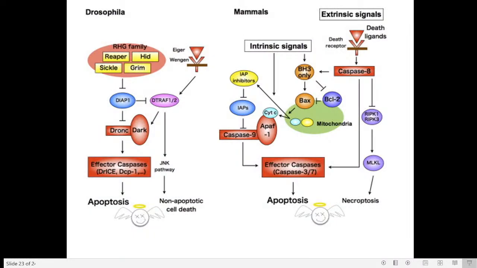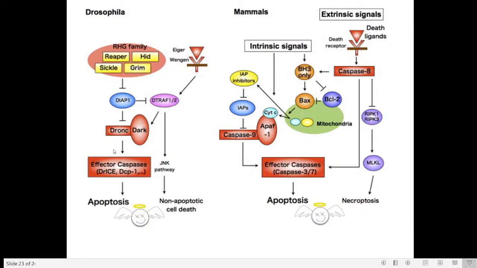Here I have included how Drosophila undergoes the apoptosis process, and how mammalian cells activate apoptosis. In Drosophila, there is the RHG family, which includes HID, GRIM and Reaper. These are the genes which activate the pathway called DRONC, DARK.